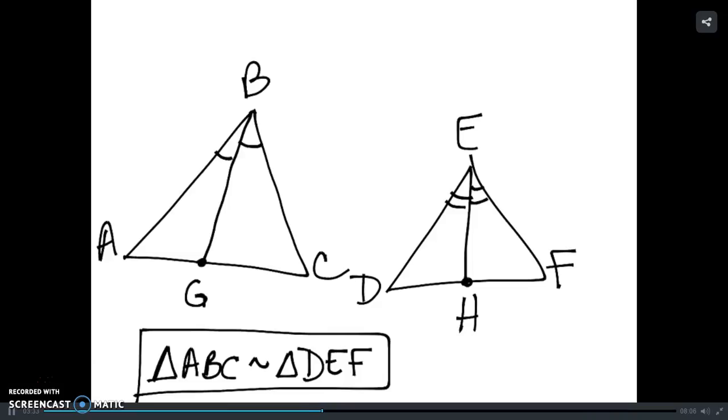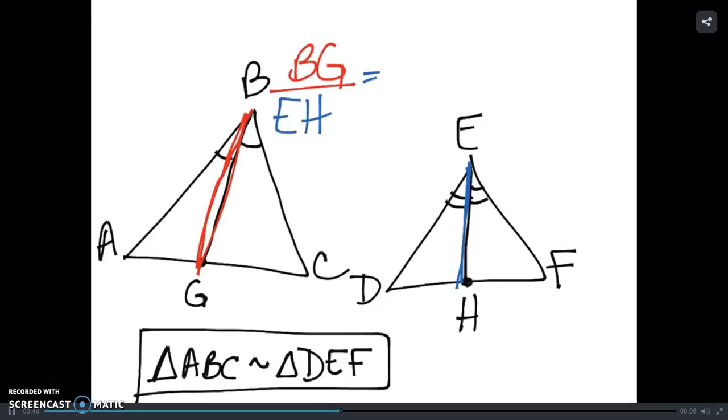So that means that we could say BG over EH is equal to BC over EF. Okay?